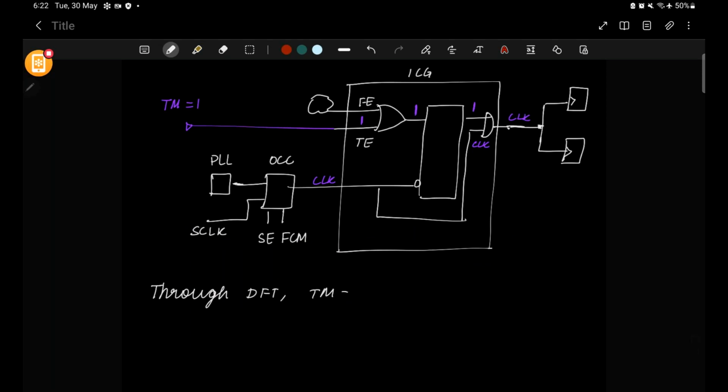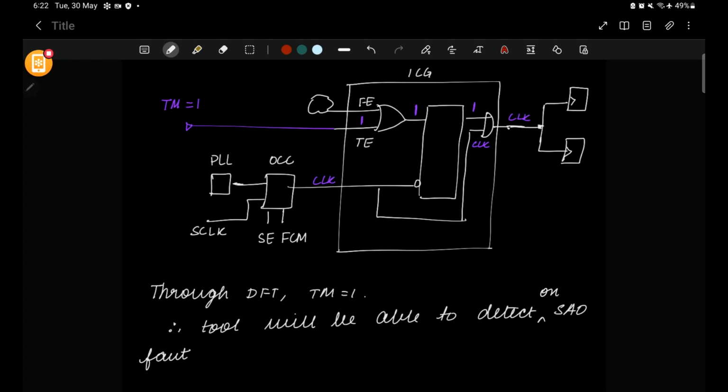test mode is 1. Therefore the tool will be able to detect only stuck at zero fault on the test enable net, because test mode is always 1.